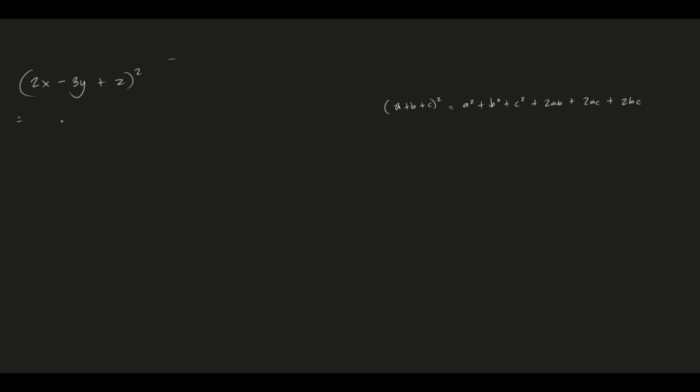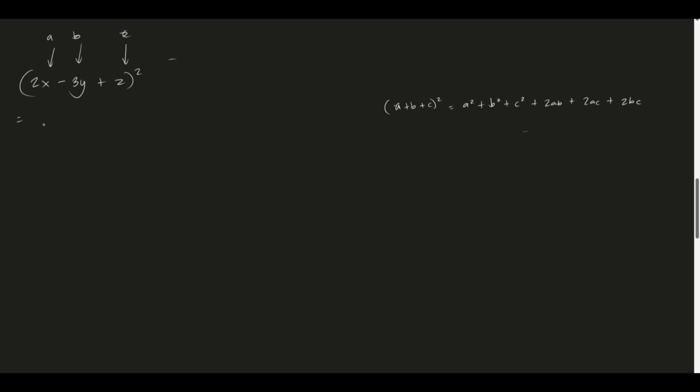How about this kind of polynomial product? We will apply this formula right here, but first we must identify what their a, b, and c are. Based on this polynomial product, your a here is 2x, your b here is negative 3y, and your c here is z.